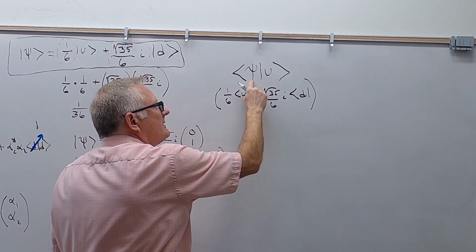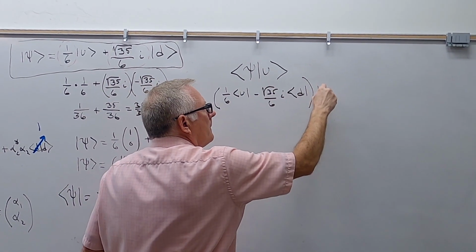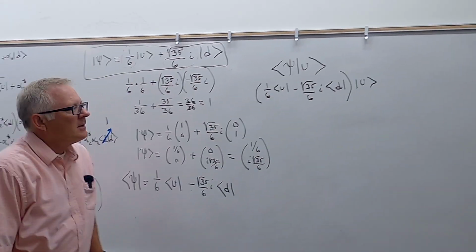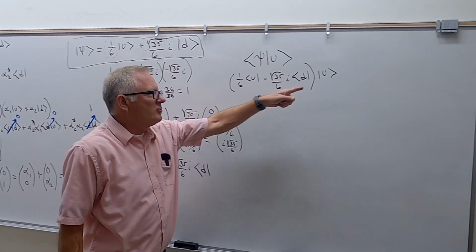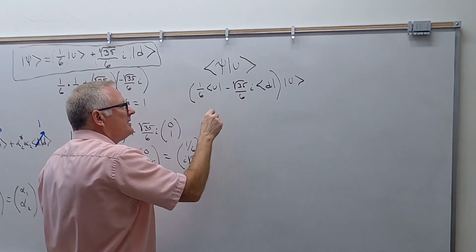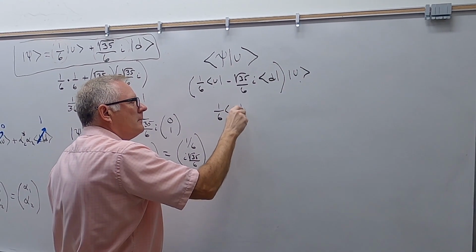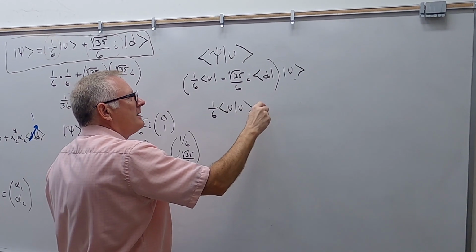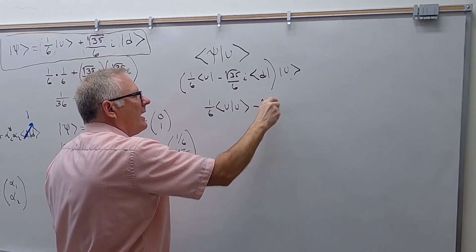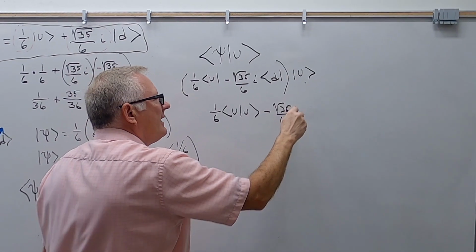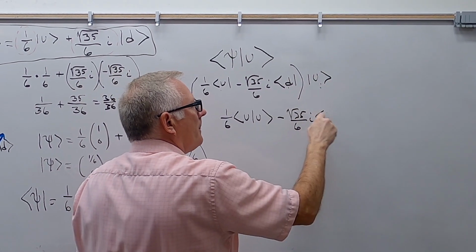Okay, so that's this, and then times up. Now let's just distribute these through. So this is 1/6 <up|up> minus the square root 35 all over 6i <down|up>.